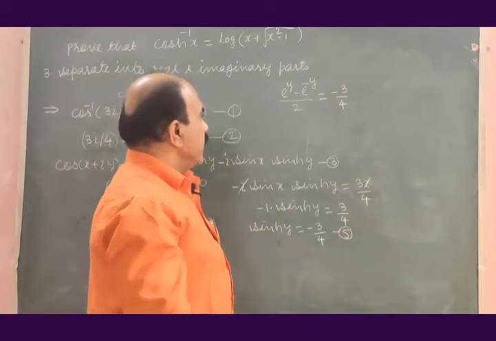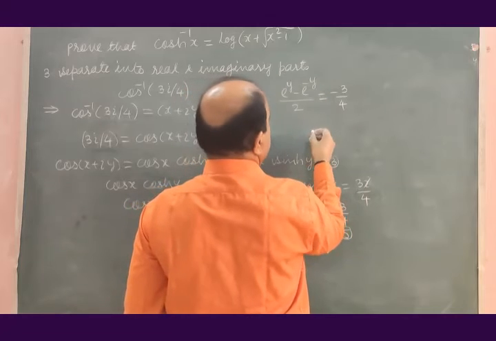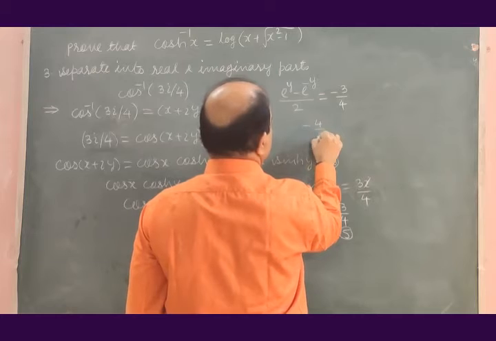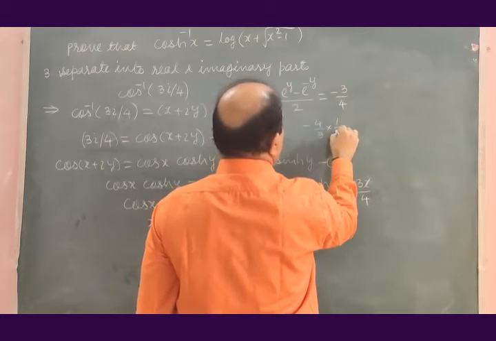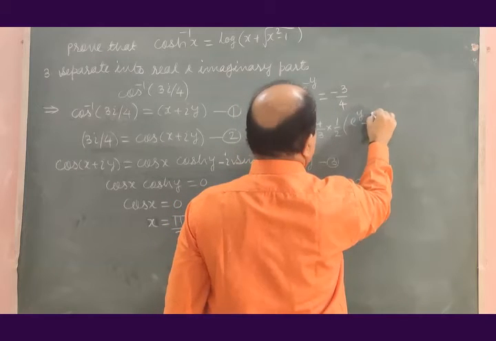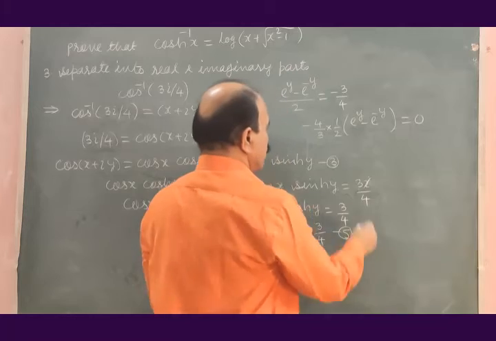Now take this minus 3 by 4 to this side. It will be minus 4 by 3 into 1 by 2 into e to the power y minus e to the power minus y is equal to 0.